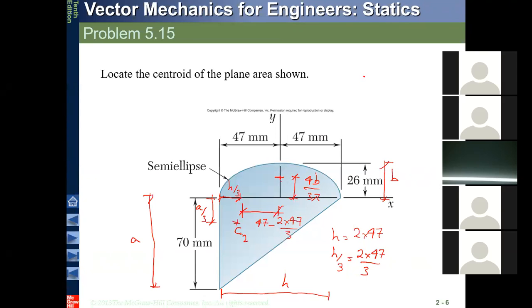I said 47 minus 2 times 47 over 3 for x. It is actually the distance from the y-axis to the centroid of the triangle.